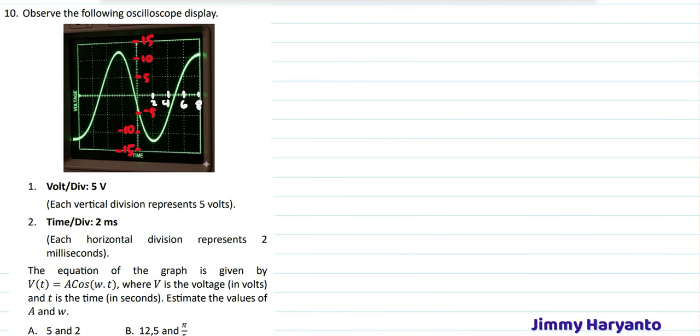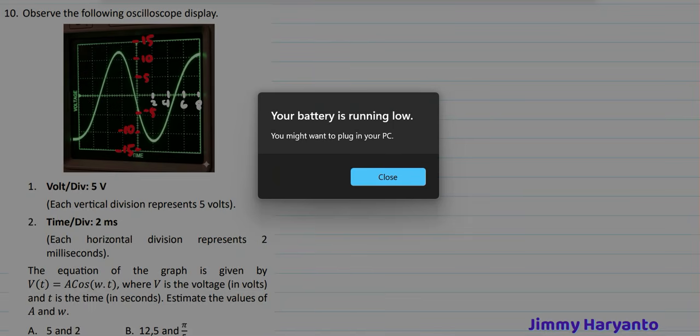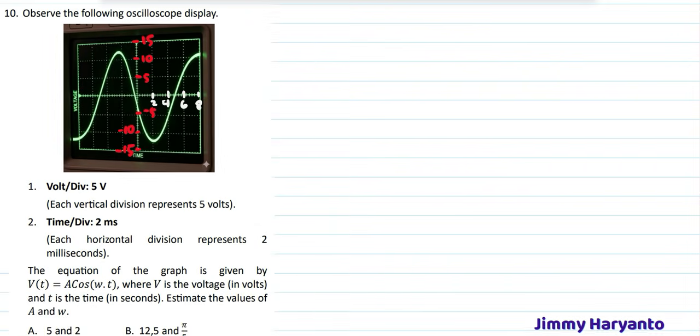Next, the equation of the graph is given by V equals A cos WT, where V is the voltage and T is the time in seconds, while this one is in milliseconds.